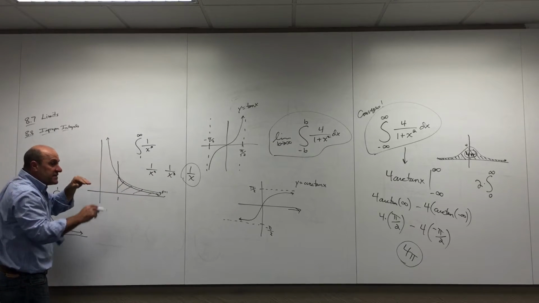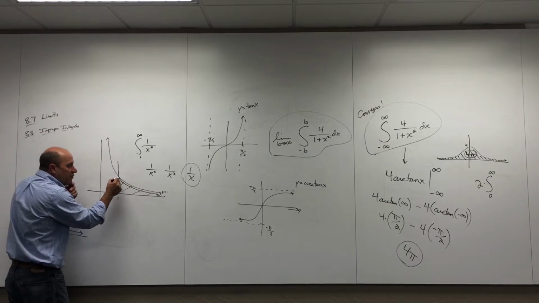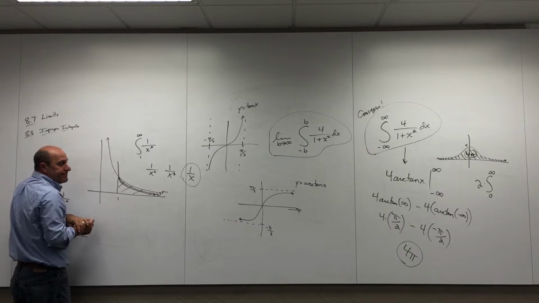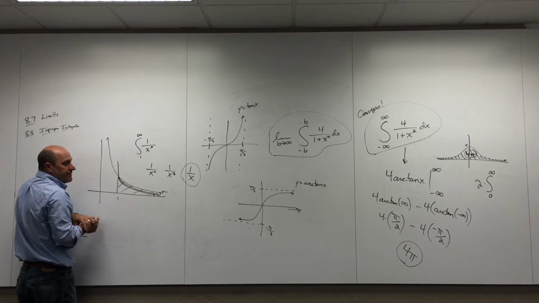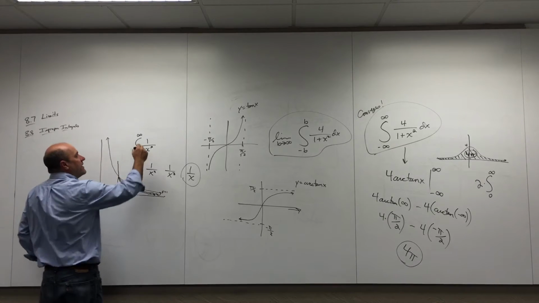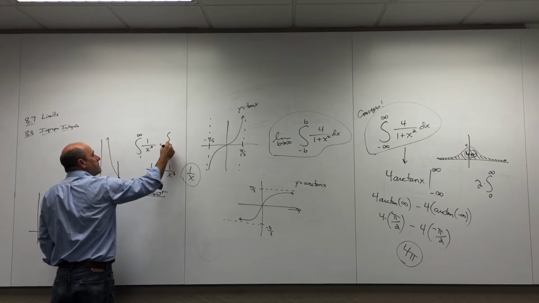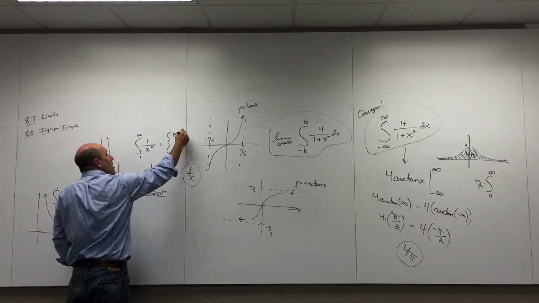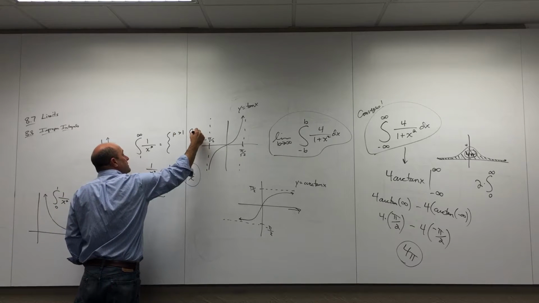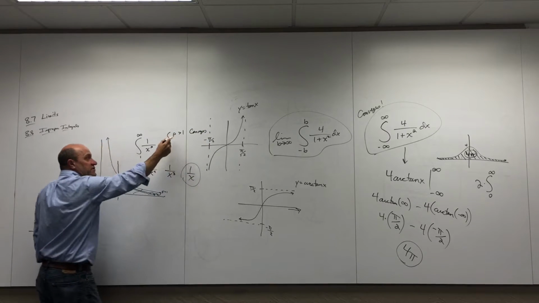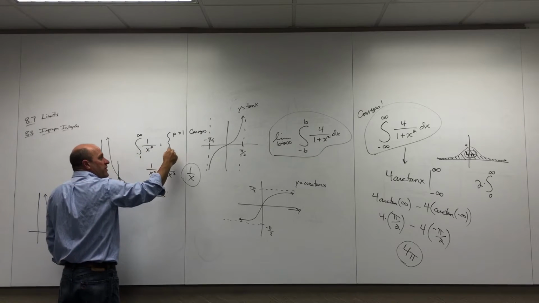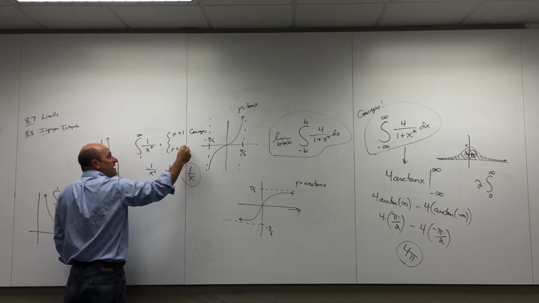All it takes is a little power higher than 1, and you dip down and you're tight enough to converge. So what I'm saying is that when p is greater than 1, it converges, and when p is less than or equal to 1, it diverges.